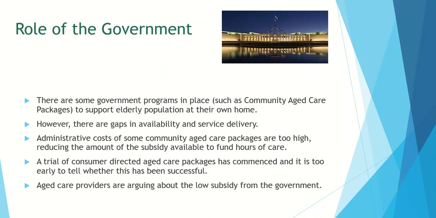Administrative costs of some community aged care packages are too high, reducing the amount of subsidy available to fund hours of care. A trial of consumer-directed aged care packages has commenced, and it is too early to tell whether it has been successful or not. So hopefully, it will be a great success in future, and our aged care population will be receiving well-directed care.